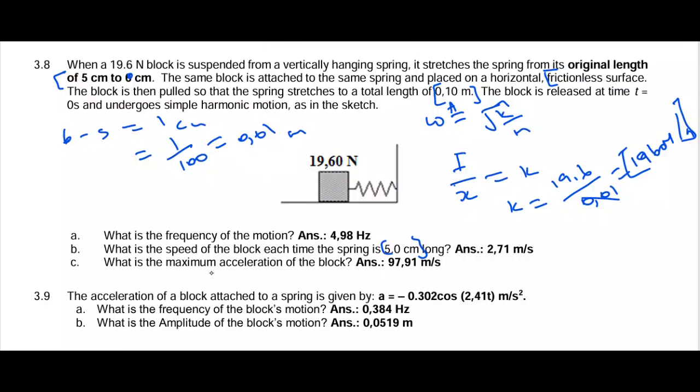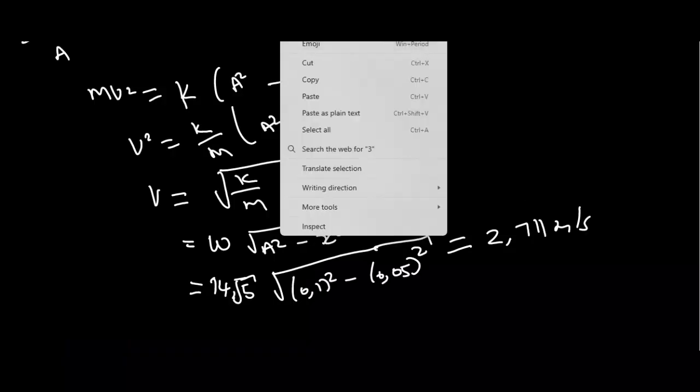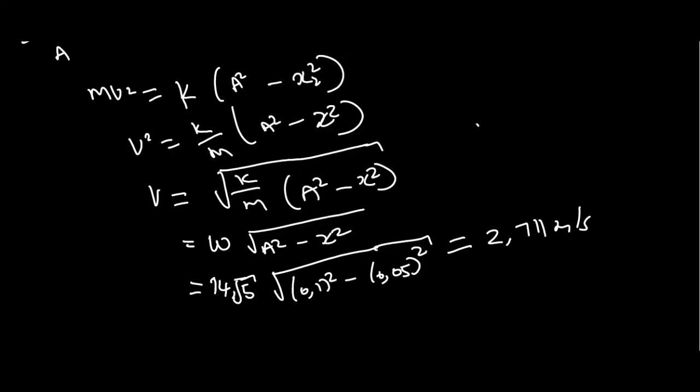Now the last question asks: what is the maximum acceleration of the block? You now have the amplitude and you already have the angular velocity. So the maximum acceleration equals the amplitude times the angular velocity squared.